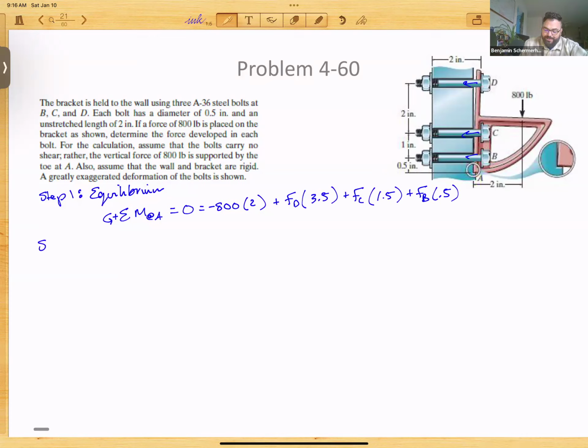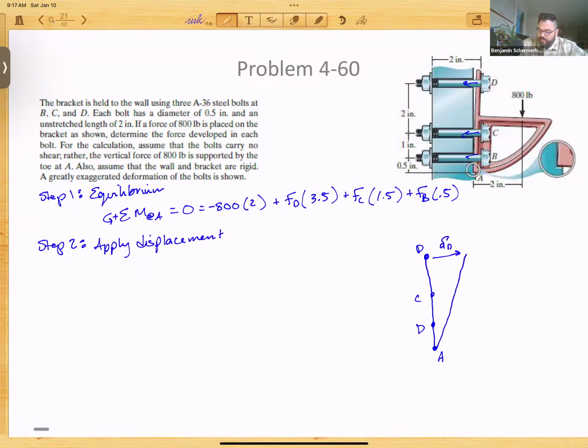This is where we're going to be applying our displacement, or our compatibility. The displacement here is going to work just like it was working in chapter 3, where we were thinking about the triangle stuff, except we're going to have one pivot point at A. If we think about our vertical line being the wall, we've got B, C, and D. Then we're going to exaggerate those displacements out.